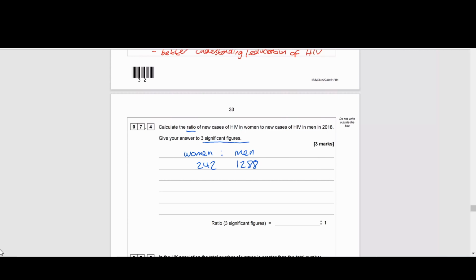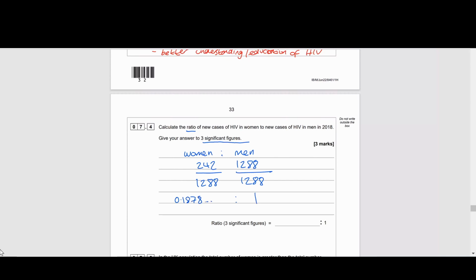Now if you look carefully at our answer here, we need to have a value to 1. So our men value needs to be 1. So that would mean that we would need to divide both sides by 1288. So we know now that for men that would be 1. So plugging that into our calculator, we should come out with a value of 0.1878.